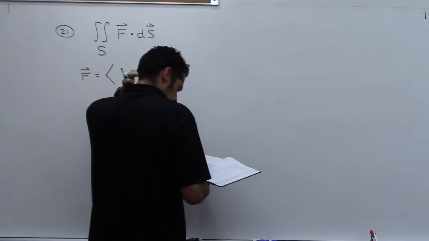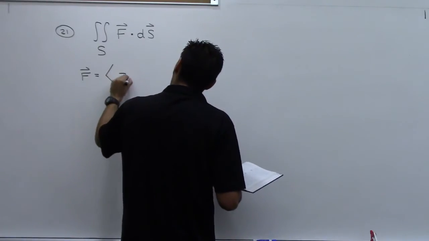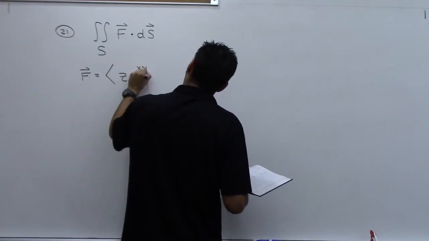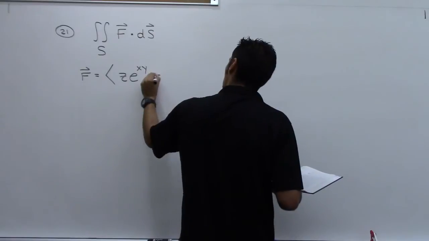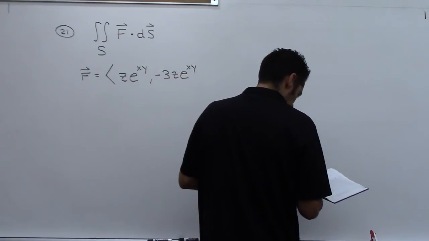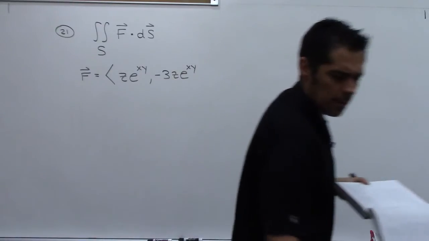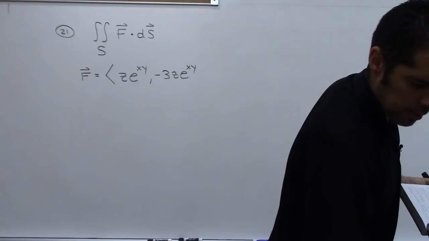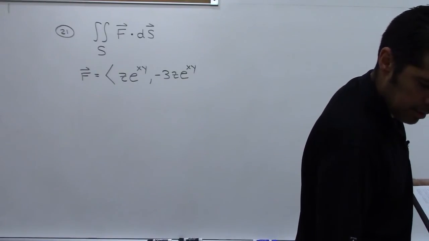They give you the field. Converting this over, we've got z e to the xy, negative 3z e to the xy, and then xy. Let me make sure I didn't do this one.